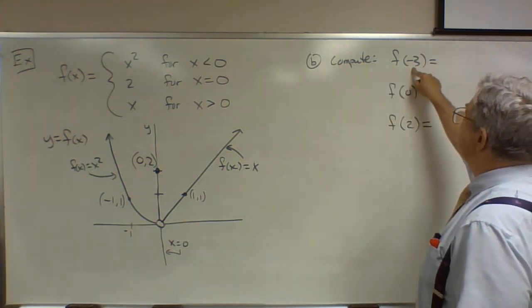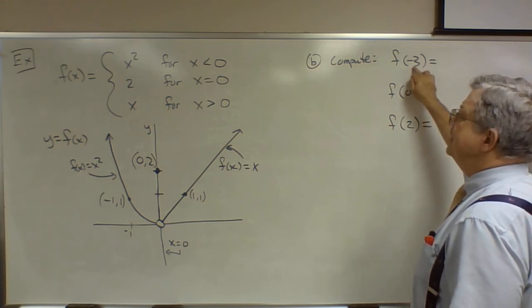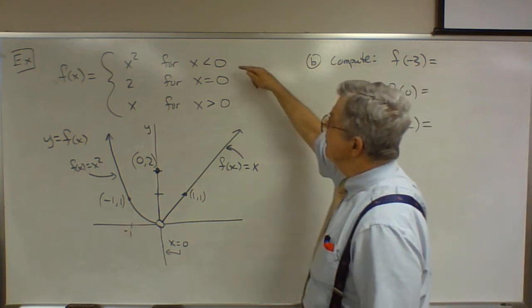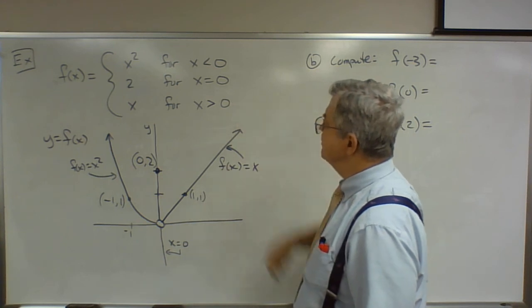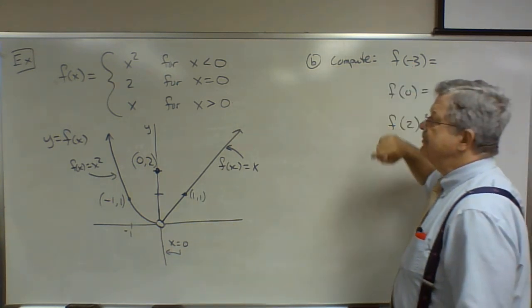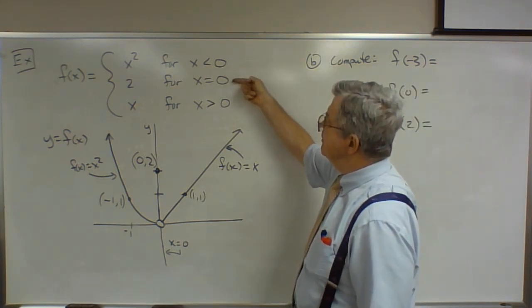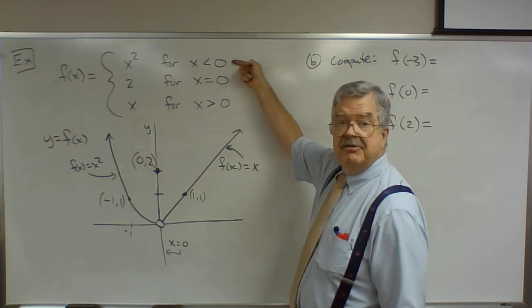Compute f evaluated at -3. So the first thing that we have to do is figure out whether our x value falls into this category, or this category. X is -3. So is x less than 0, equal to 0, or greater than 0? X is less than 0, isn't it?